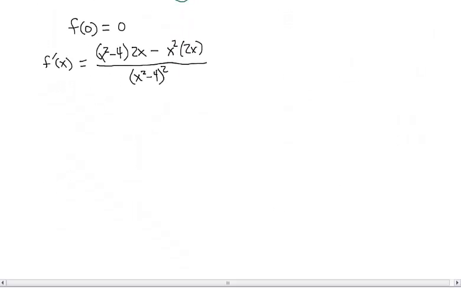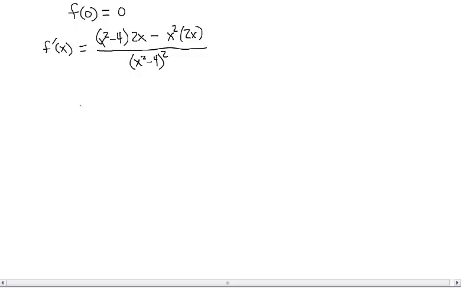And now we need to simplify this. So the next step, I'm going to multiply everything together in the numerator. So I get 2x cubed minus 8x minus 2x cubed, all divided by x squared minus 4 squared.